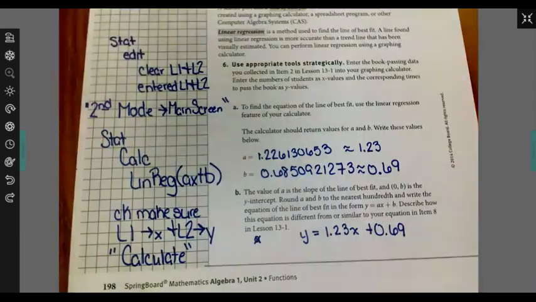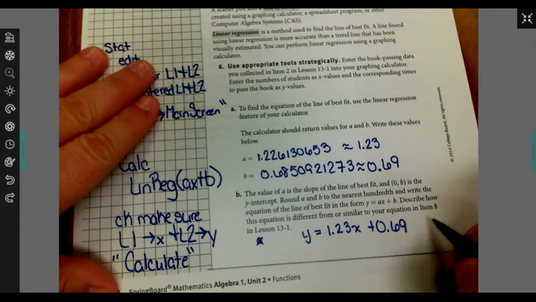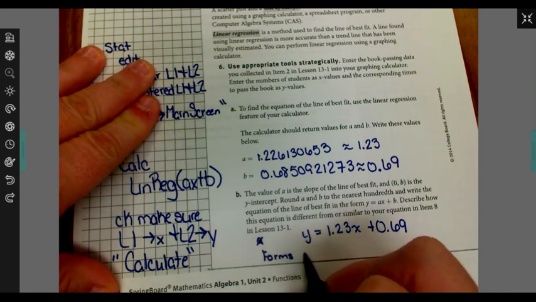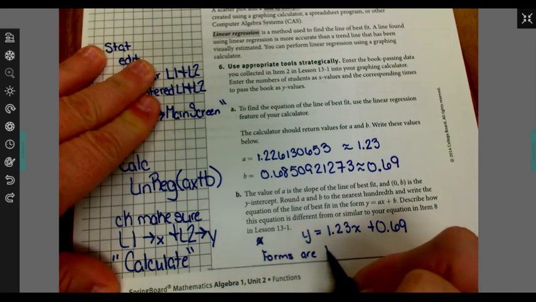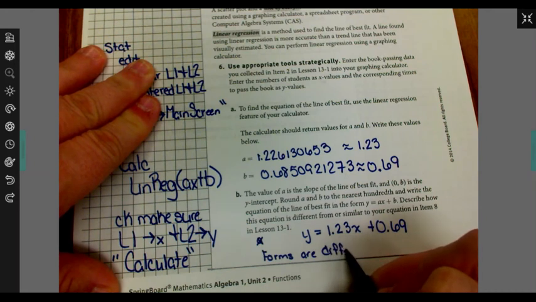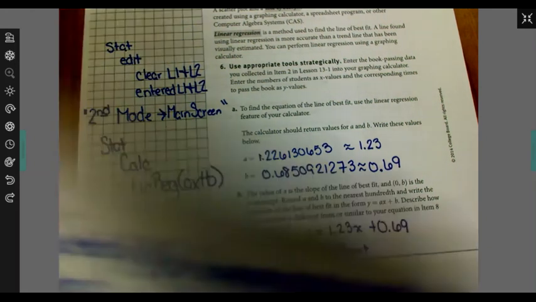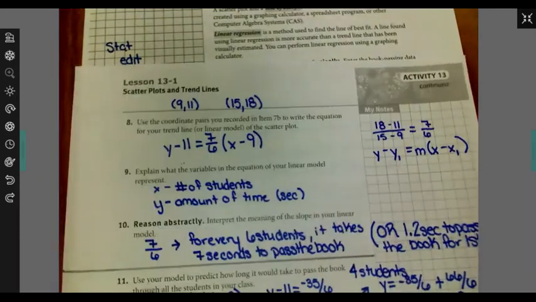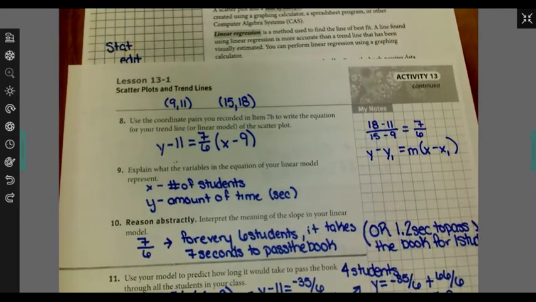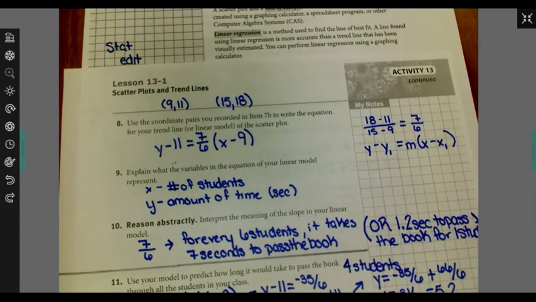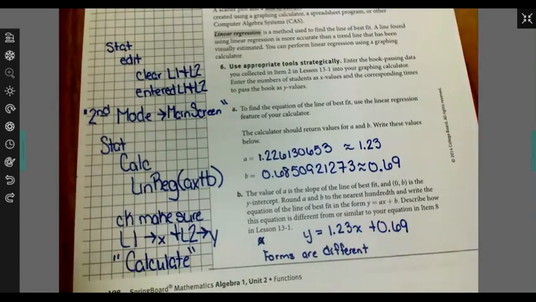So the forms are different. Well, let's try to make this one into our y equals mx plus b form, our slope-intercept form, and see if there's anything else that helps us here.